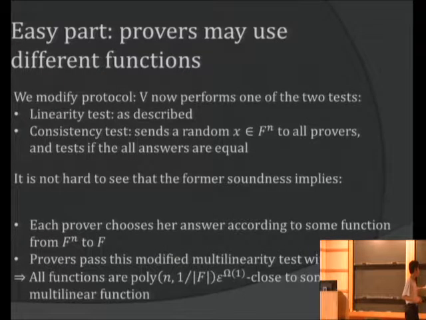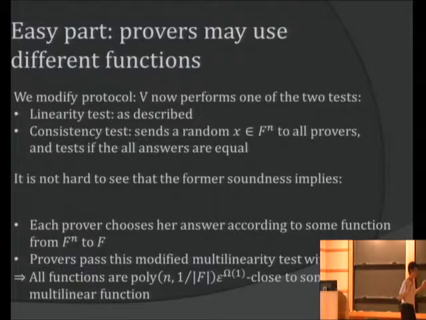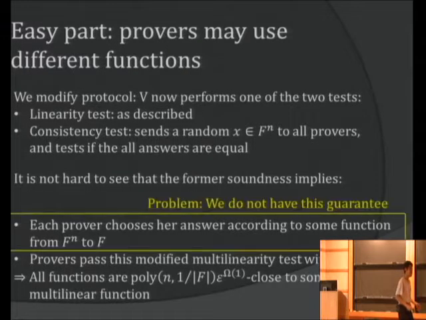So in this case, it's not hard to see that even if each prover chooses her answer according to some function, but they may not be equal, the same conclusion holds.